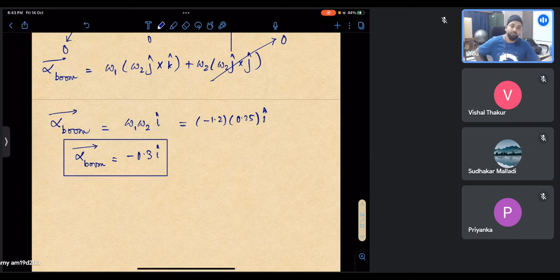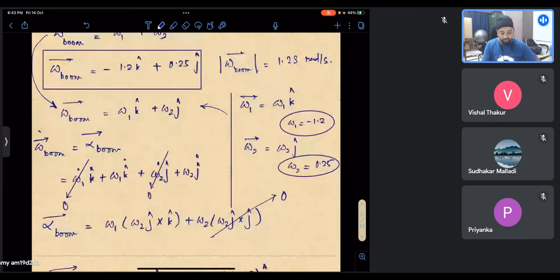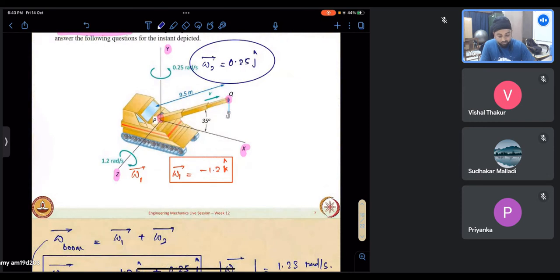If we were to consider this to be a planar problem, let us say it did not have this rotation and we were analyzing everything in the xy plane, then this would have been the only omega that we would be having. And we can see that its magnitude is constant, so there will be no angular acceleration. This we have seen a number of times.